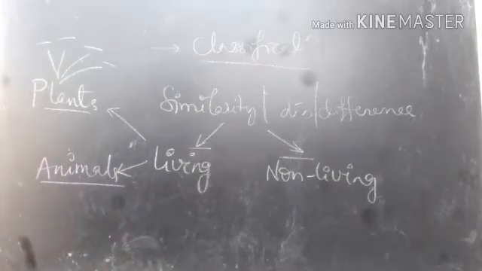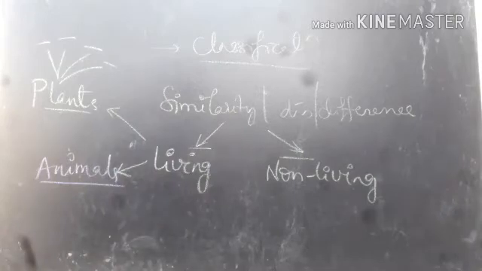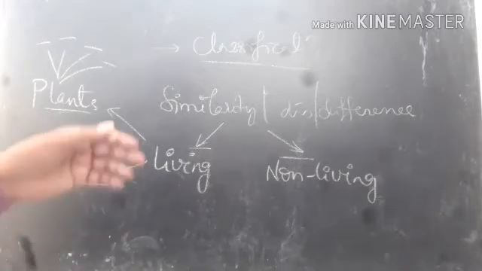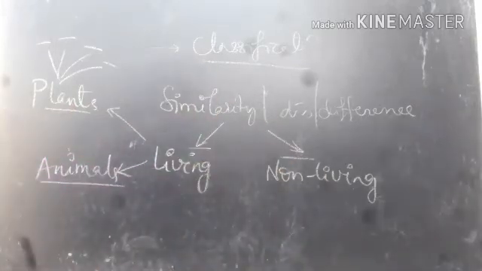So finally what we can conclude: to group any object, first we have to know the similarities and differences between them, then it becomes easy to classify. If all similarities are there, or all differences are there, then grouping becomes very hard. There should be some similarities, some differences.